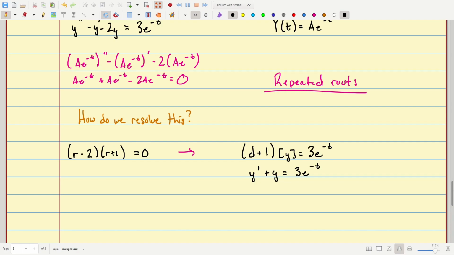If we apply an integrating factor, our function is just 1. That's the function coefficient there. So our integrating factor is just e to the t.